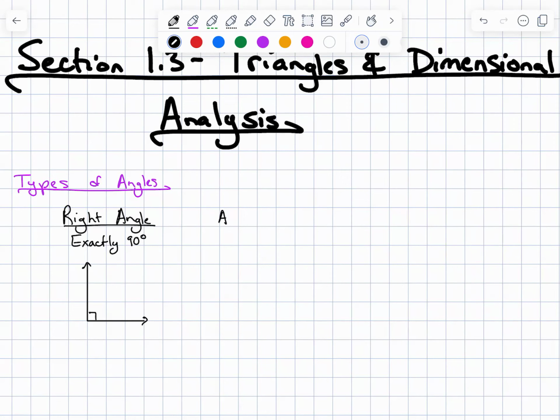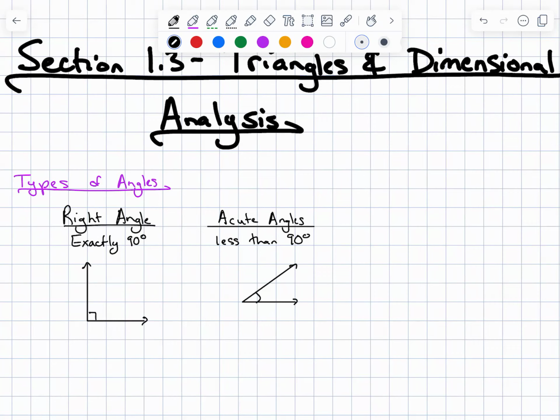Then you have the acute angles, which are angles that are less than 90 degrees. Strictly less. So they look something along the lines of this. And so we draw a little arc to note that that's the angle.